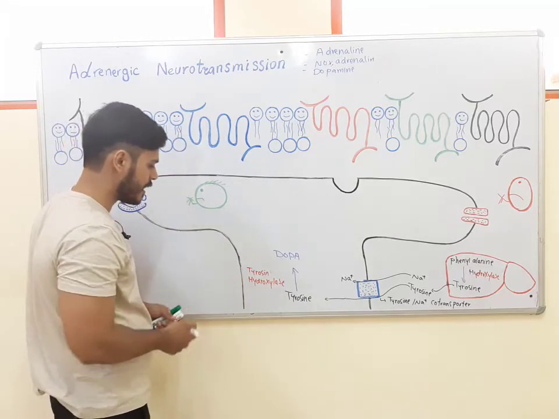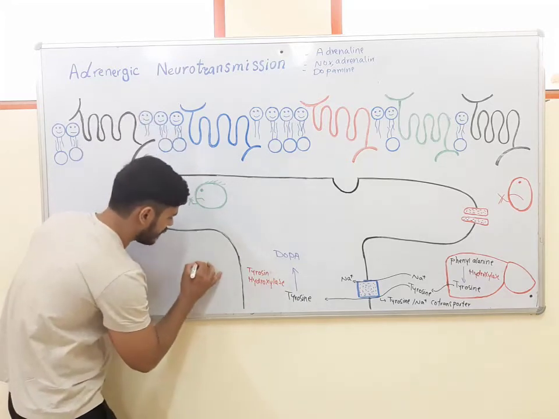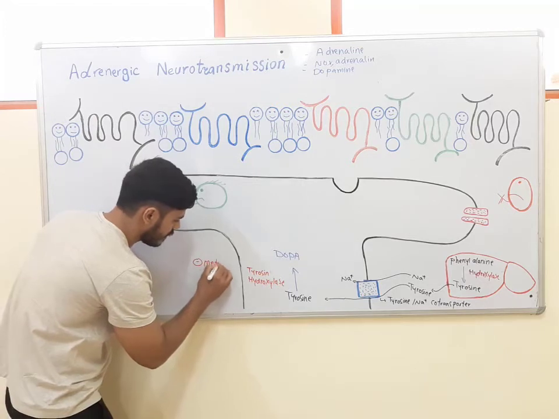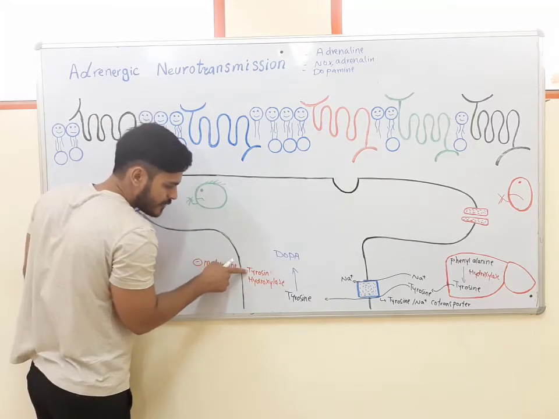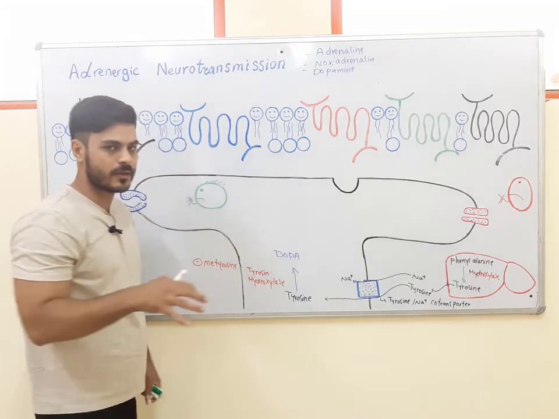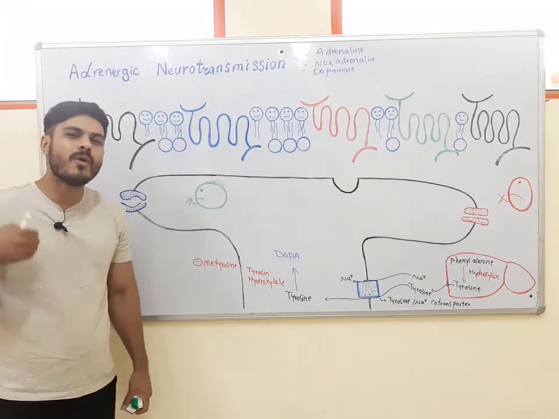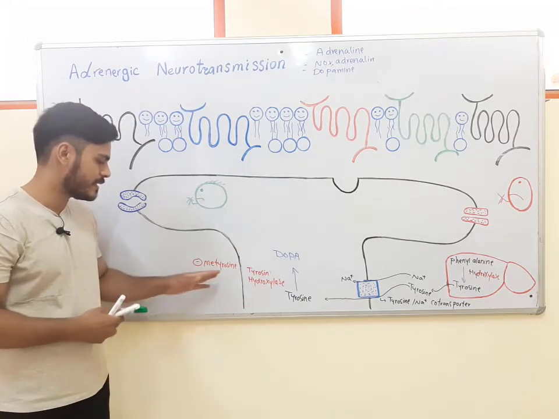We have some chemicals which can inhibit this enzyme. One of them is metyrosine. It can inhibit tyrosine hydroxylase and stop synthesis of catecholamine. Now think, when do we want to stop synthesis of catecholamine, and what is the indication for metyrosine?